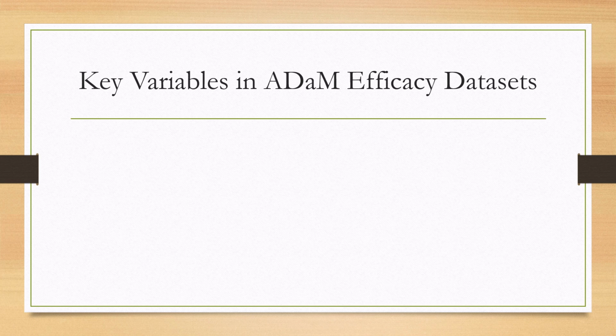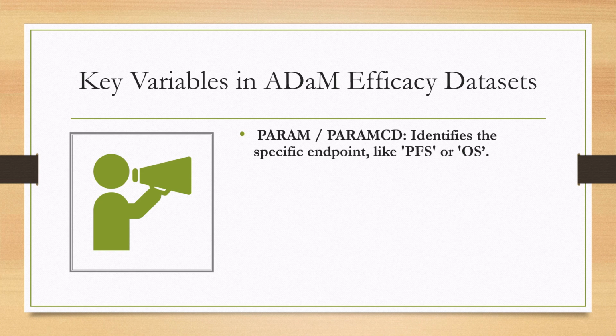Now let's talk about the key variables in ADaM efficacy datasets. In ADaM, we use datasets like the ADTTE, which stands for time to event dataset. In this dataset, the PARAMCD, or the parameter code, is one of the more topic variables, you can say, and this variable is used to specify the type of event being measured in the dataset.